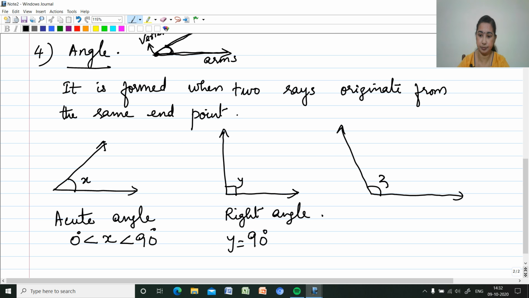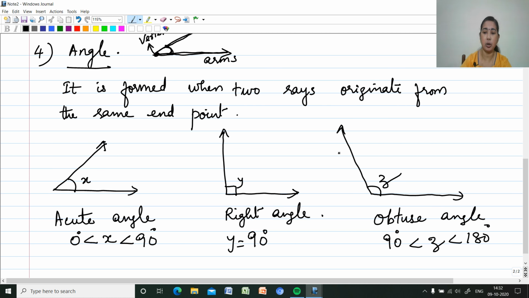That angle will be more than 90 degrees but less than 180 degrees. So this angle z will be between 90 and 180. That is called an obtuse angle. If it is equal to 90 we call it a right angle, and between 0 and 90 we call it an acute angle.